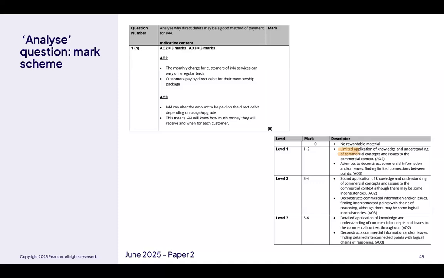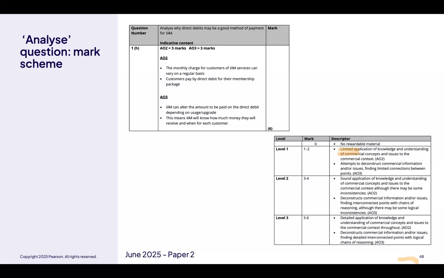In the levels descriptor, where it says level 1, the first bullet point relates to AO2. So AO2 at level 1 is limited application of knowledge and understanding of commercial concepts and issues to the commercial context.